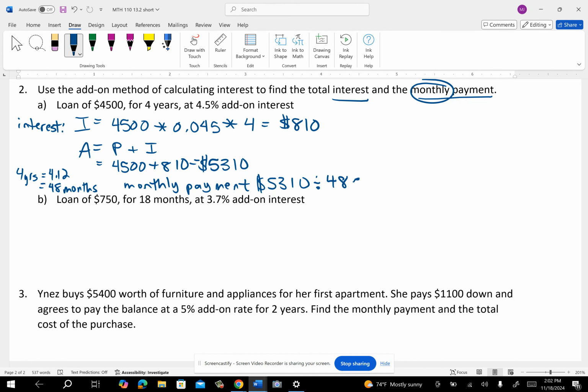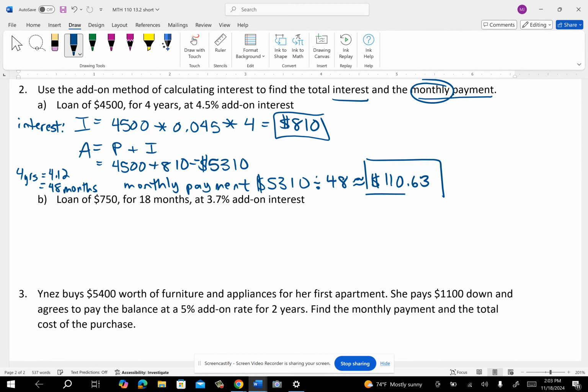That turns out to be about $110.63. By the way, when you do round, that means your last payment sometimes will be a little more or a little less. Okay, so let's see. We needed the interest. That's that. Then the second part of the question is, what's our monthly payment going to be? That's what that 110.63 is all about.